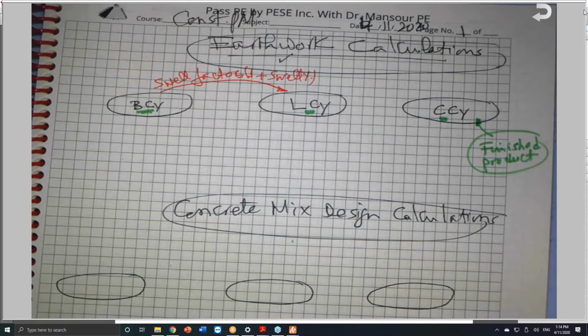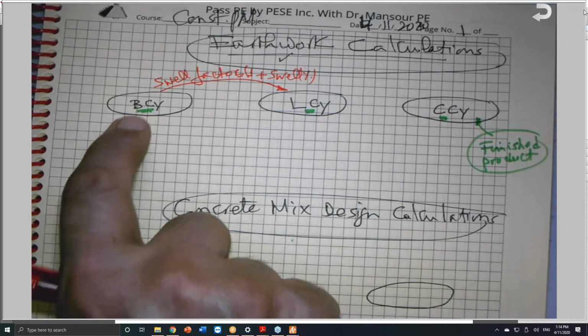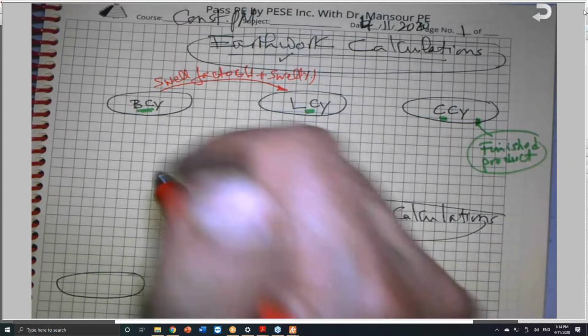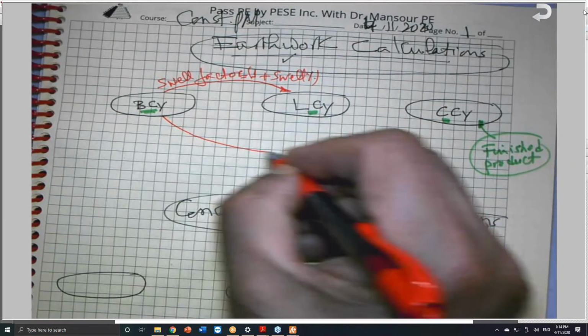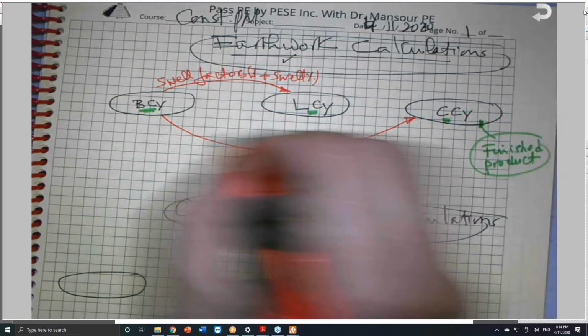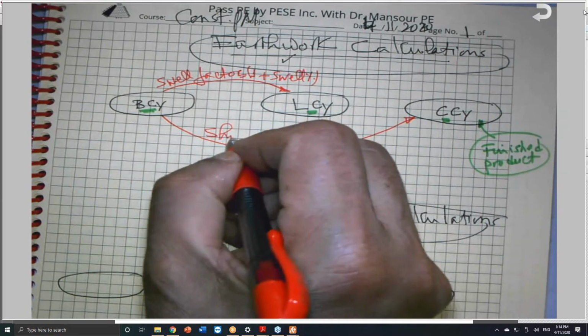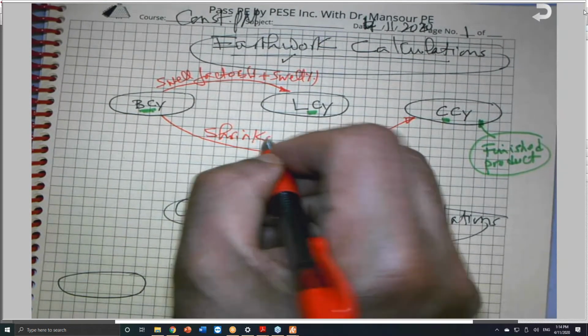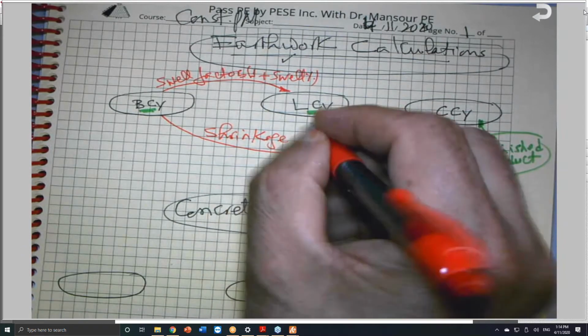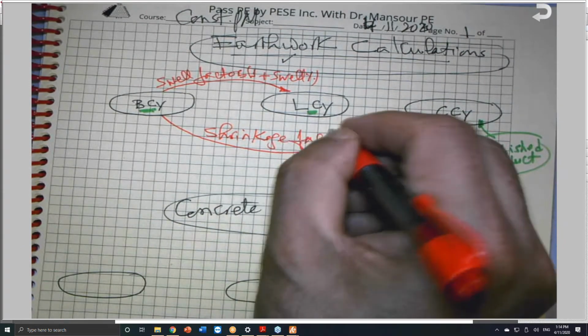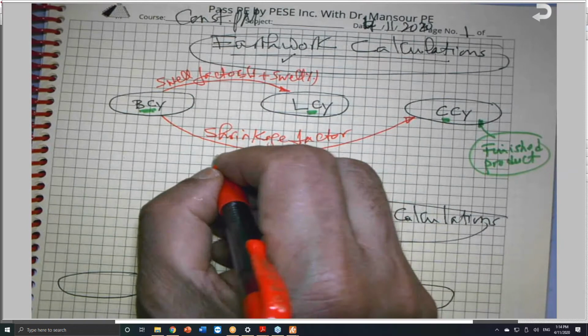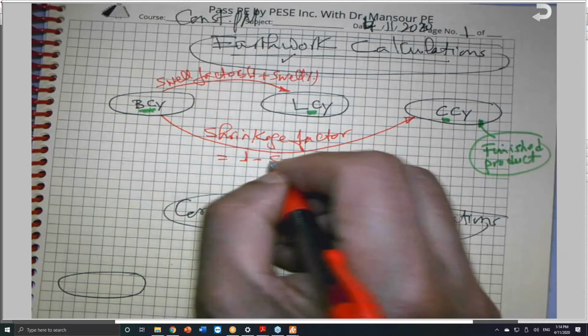So far, so good. The relationship between the bank cubic yard and compacted cubic yard involves the shrinkage percent. The shrinkage factor is 1 minus the shrinkage percent.